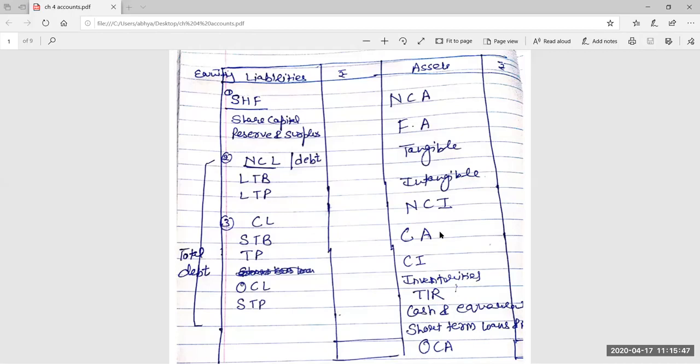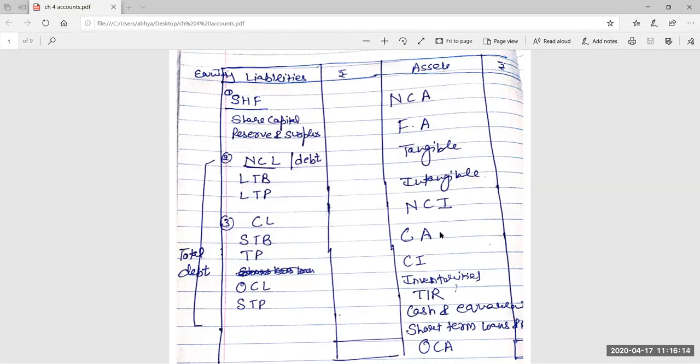Now current liability. In current liability, all four subheads: short-term borrowings, trade payables, other current liabilities, and short-term provisions. Examples you all know, in chapter 1 we have already done. One more thing: whenever total debt is given in the question, total debt means non-current liability plus current liability.